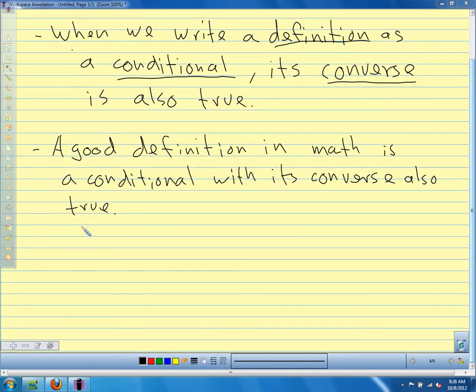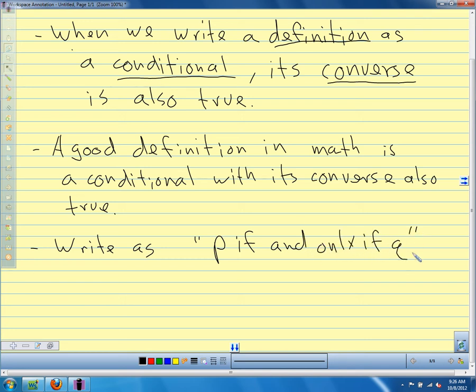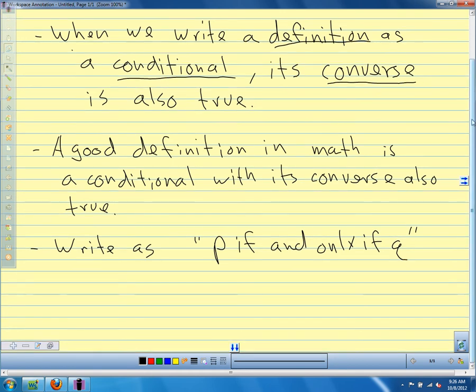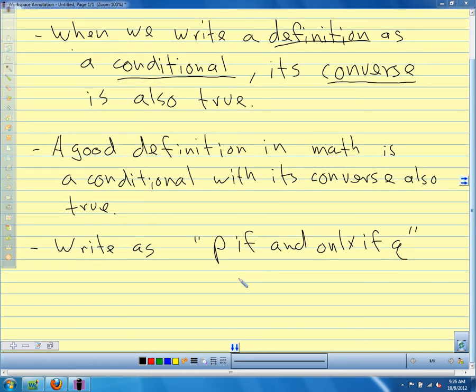We write this as P if and only if Q. The other way we can write that is with our double arrows.